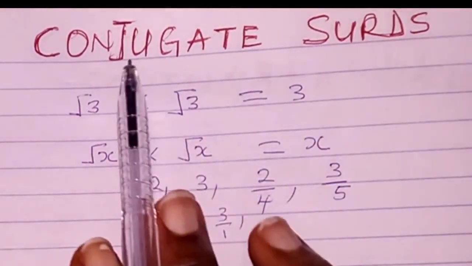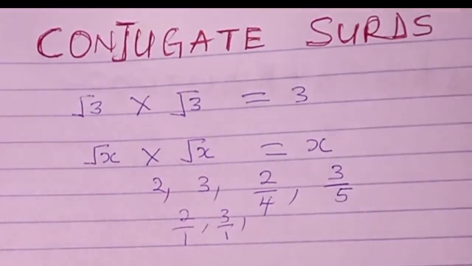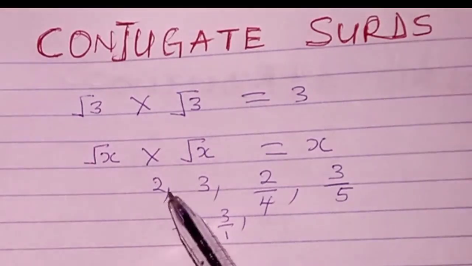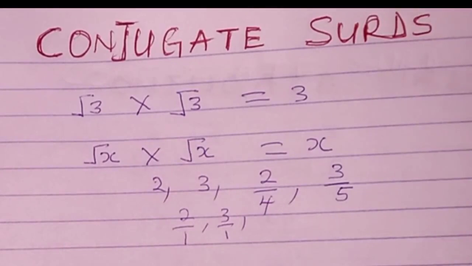Now, conjugate surds are two surds that when multiplied together will result in a rational number. If you have an expression that contains a difference of two squares, it will result in a rational number.